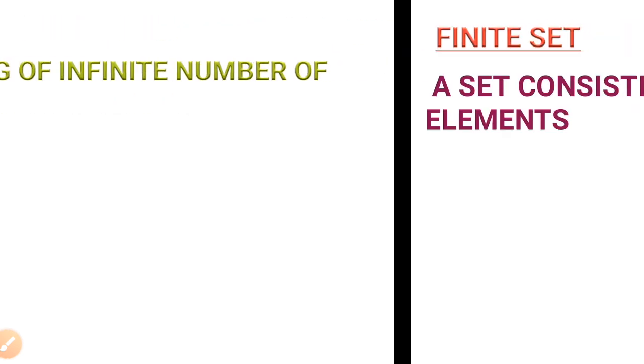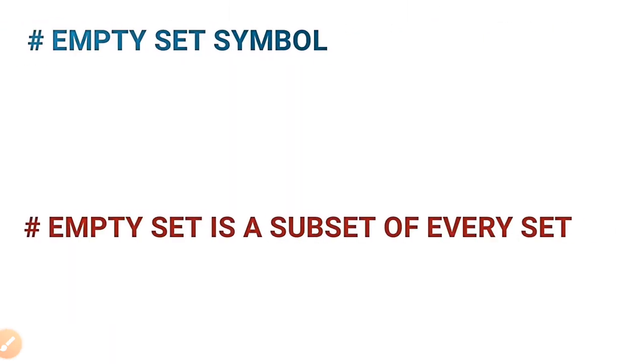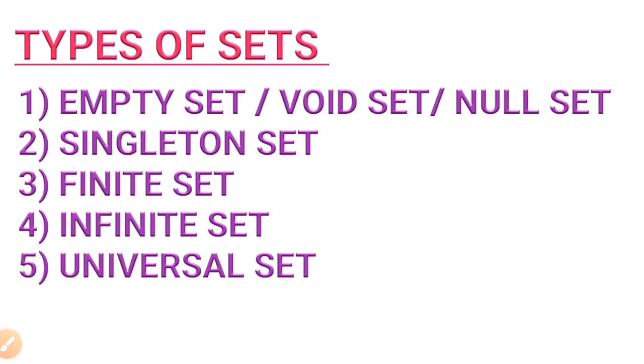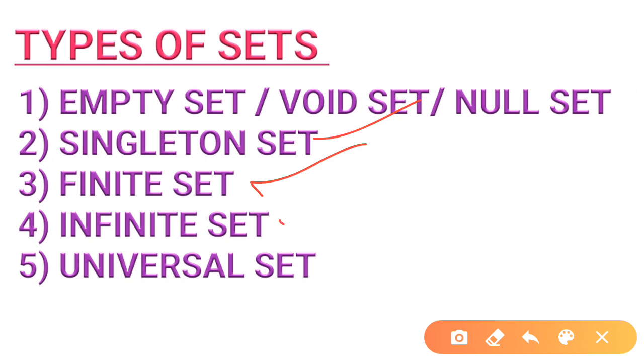So till now we have finished all those things. We have seen the types of sets. Just recalling once again the types of sets. The first one is empty set, also known as void set and null set, the second one is singleton set, third one is finite set, fourth one is infinite set, fifth one is universal set.